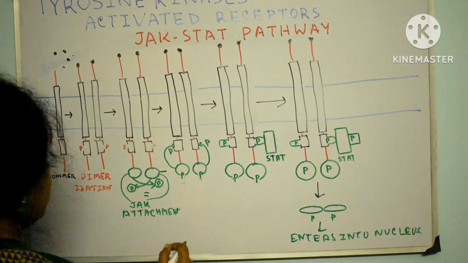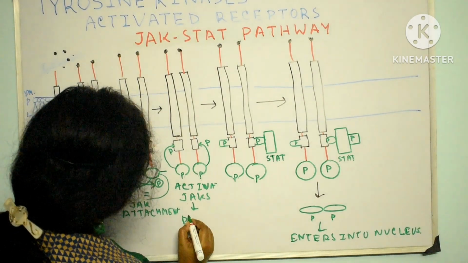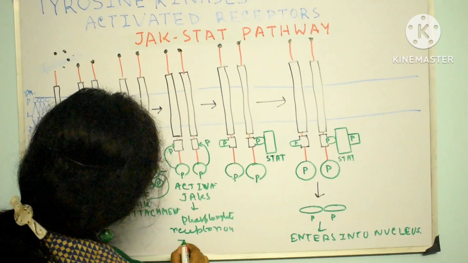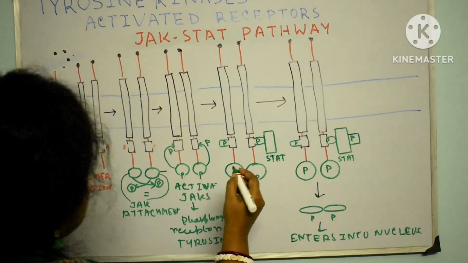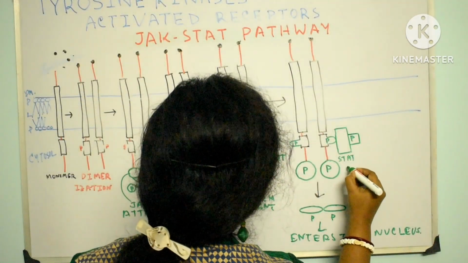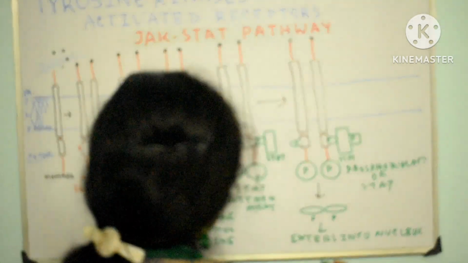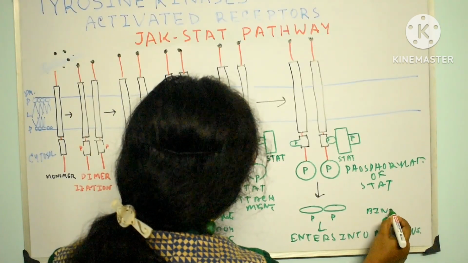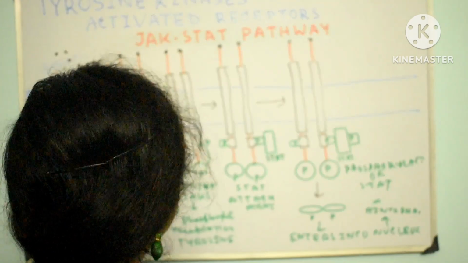Activated JAKs here phosphorylate the receptor on tyrosine. Next, STAT attachment, phosphorylation of STAT, entering into the nucleus, then binding to DNA and other gene regulatory proteins.